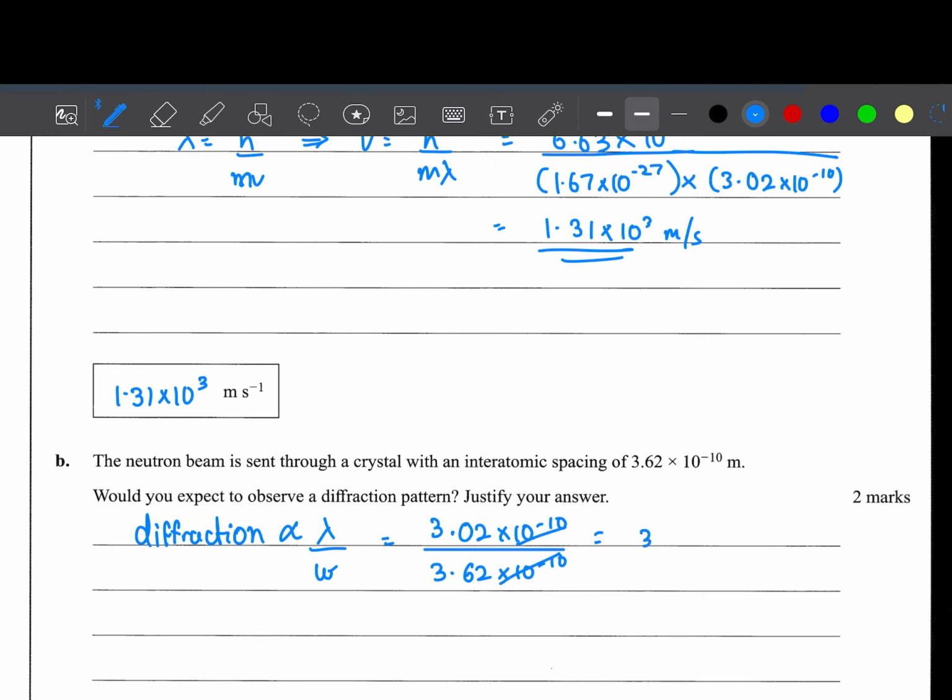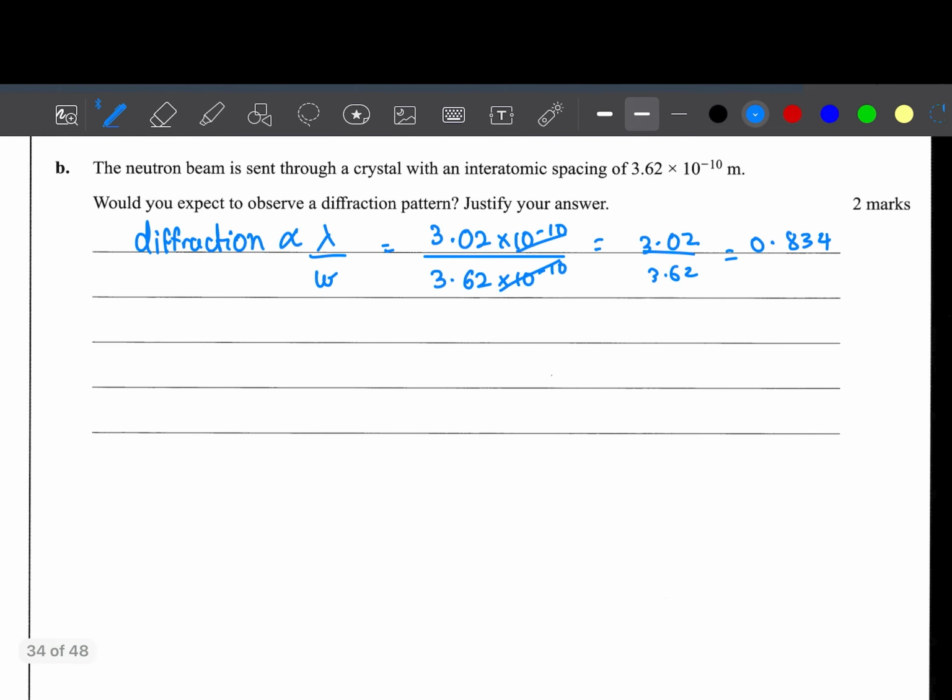So that just cancels out, leaving us with 3.02 divided by 3.62, which is going to be 0.834. And now that is pretty high, so diffraction will be observed.